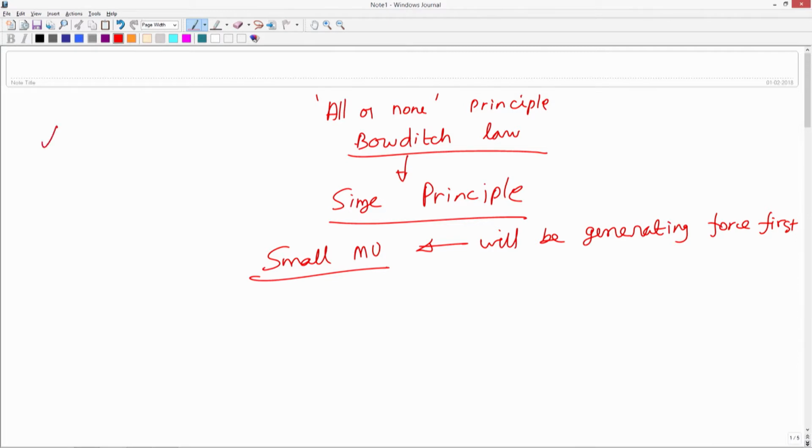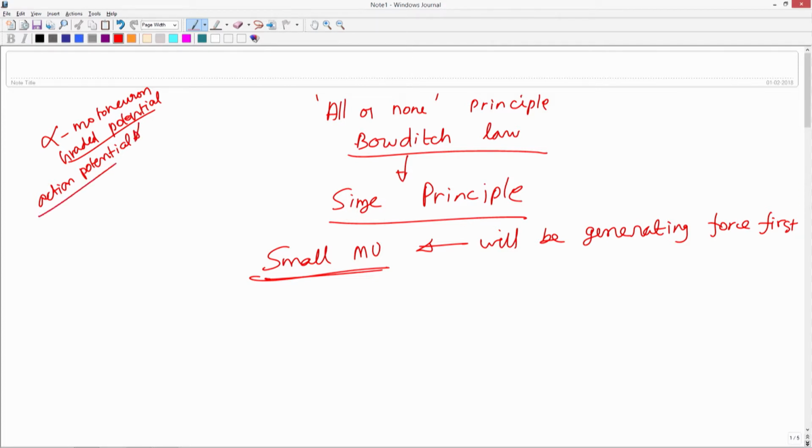So, how is it going to generate? The alpha motor neuron is going to send what you call a graded potential. The alpha motor neuron is generating the graded potential to all the muscles, but only the small motor units will have an action potential equivalent to the corresponding graded potential.